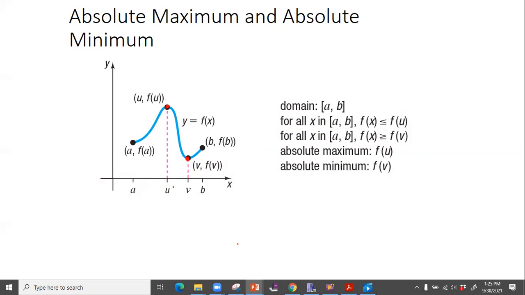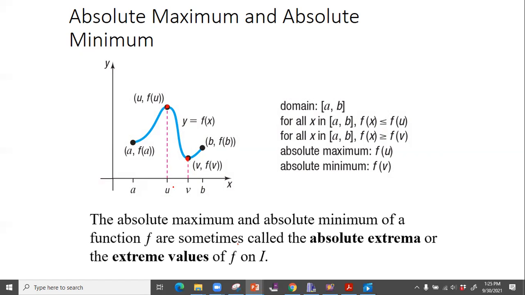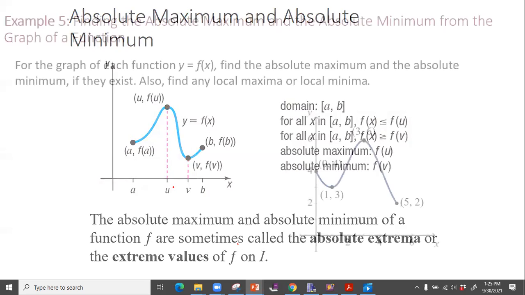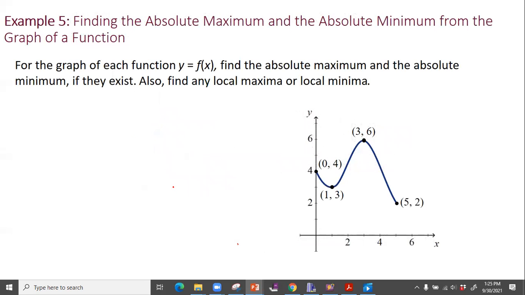There's no other point on this domain where that will happen, because it's a closed domain. It doesn't go on forever. It has closure. If you take calculus, you may hear them called absolute extrema, the maximum and the minimum. You won't deal with that until calculus, not pre-cal.